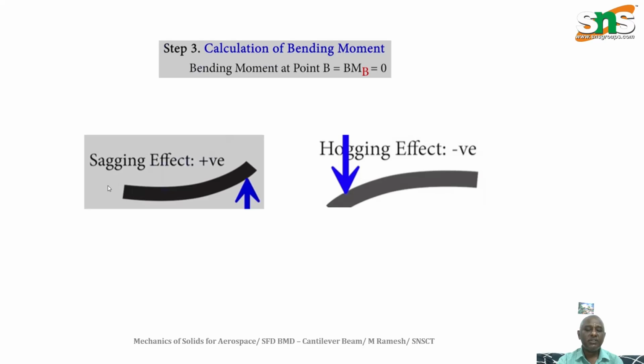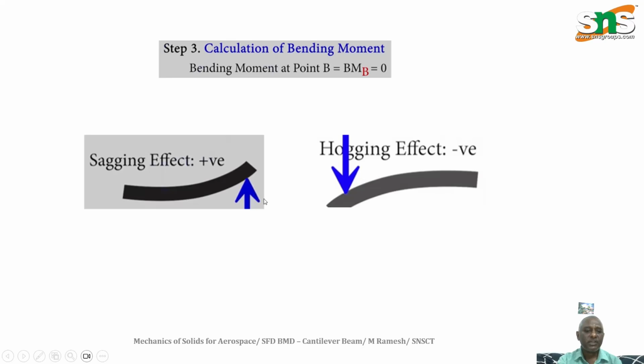Bending moment, how can we find it? Generally we use a mathematical expression: force into perpendicular distance is equal to bending moment. And how do we take the bending moment sign convention? From the reference point, this is the sagging effect, positive sagging bending moment. This is the negative bending moment.